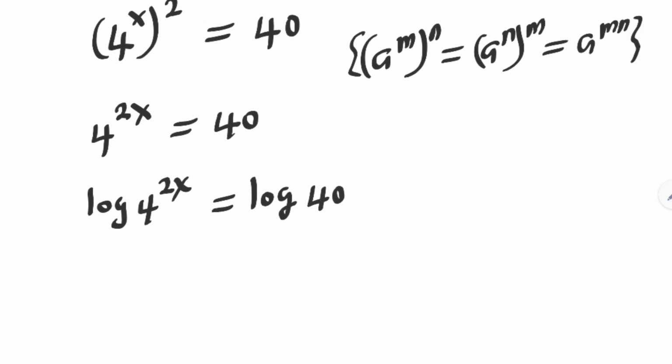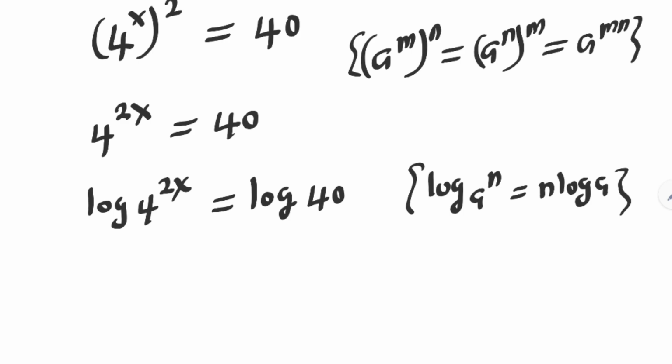If you have log a raised to power n, this is equal to n log a. This can be written as 2x log 4 is equal to log 40.